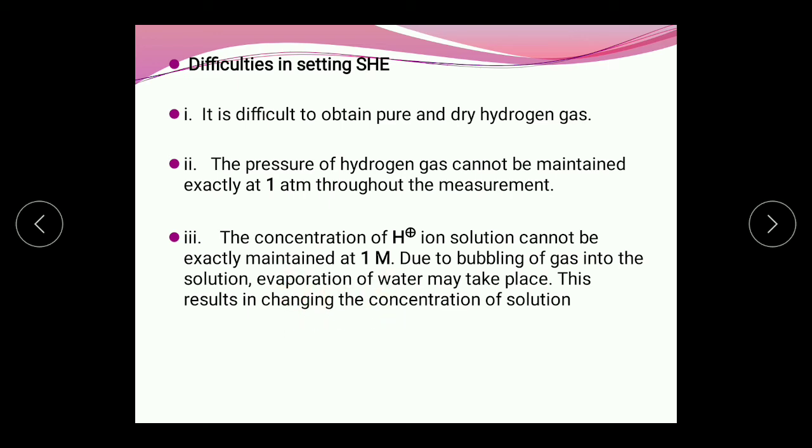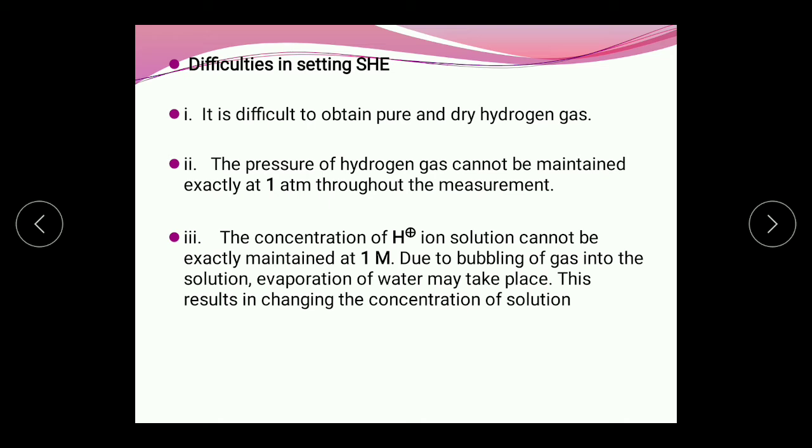The temperature increases because of the bubbling, and the water gets evaporated. When the quantity of water decreases, that changes the concentration of the solution.